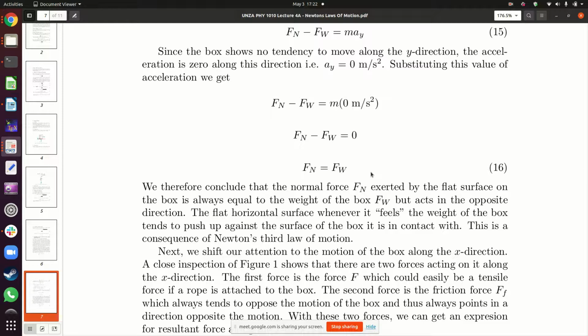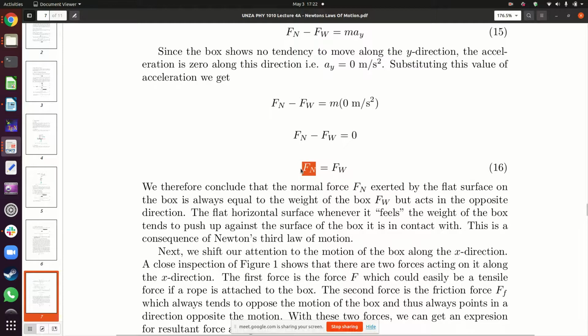This object has got a weight, and this object exerts a weight on this particular flat surface. However, the flat surface is not happy about the fact that the object is exerting a weight. So the flat surface exerts an equal but opposite force, which is the normal force.